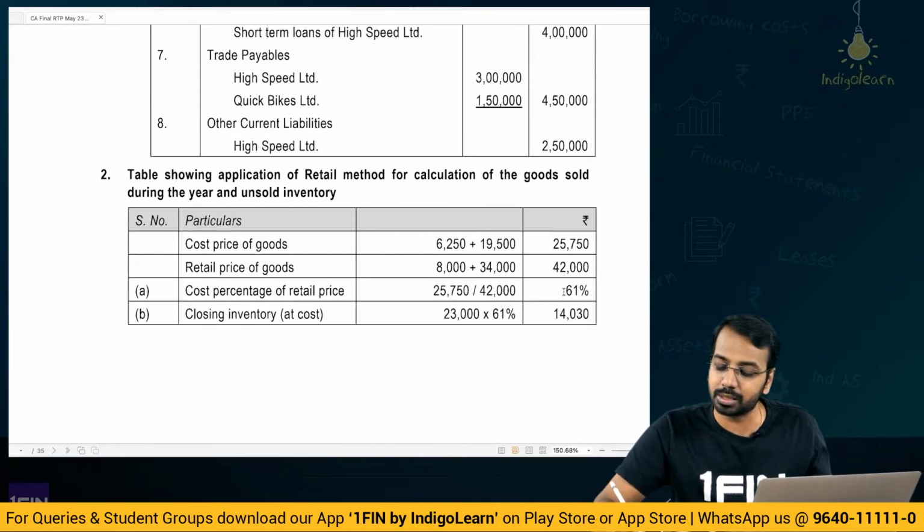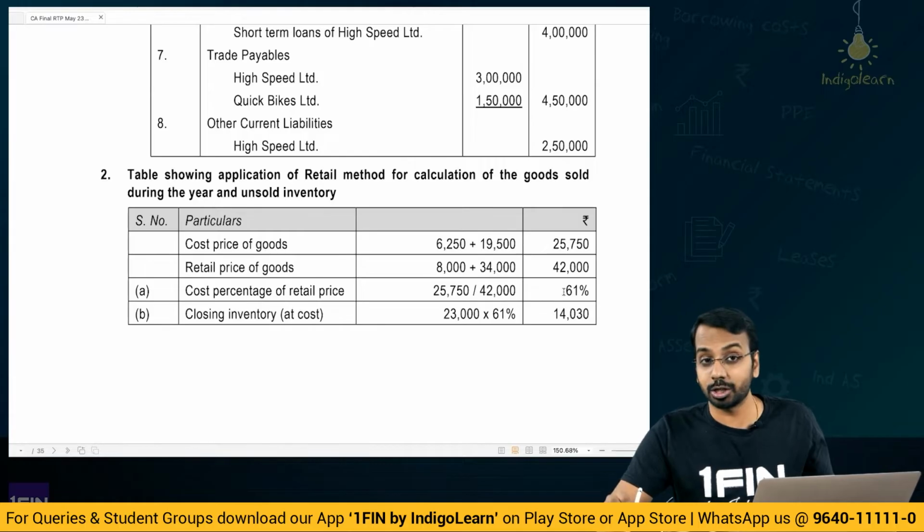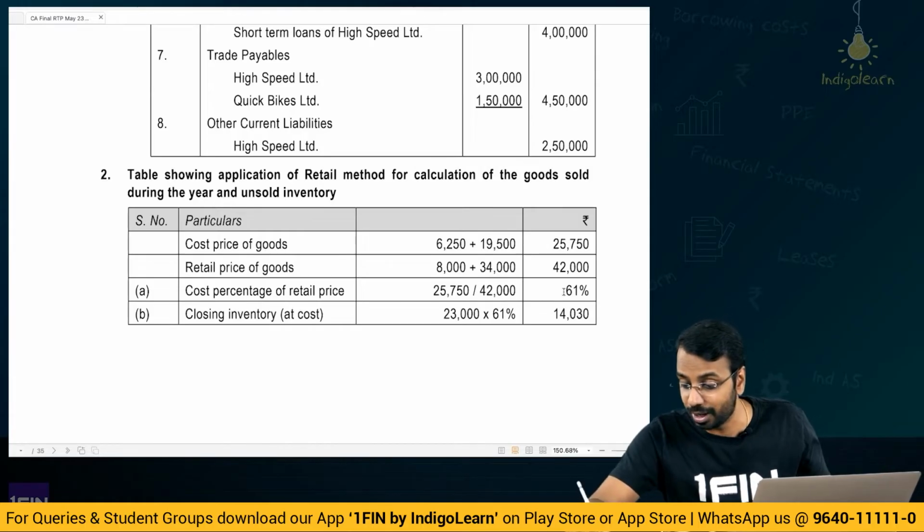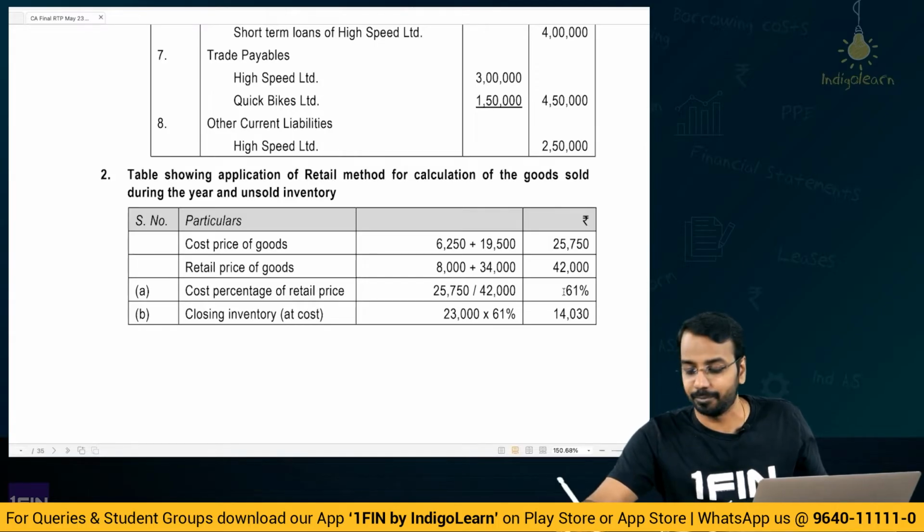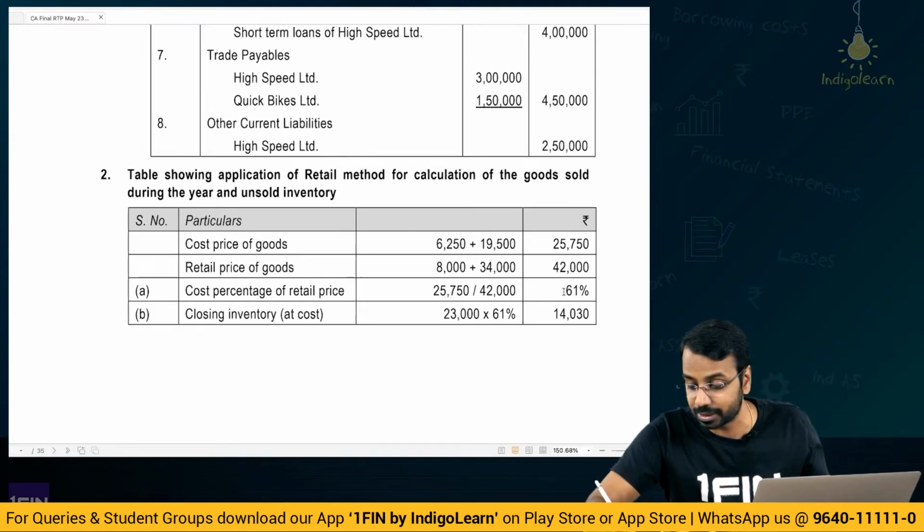Then what is the cost of closing inventory? So for cost of closing inventory, you have the retail price of 23,000, right? If 23,000 is the retail price of the inventory, cost is how much? 61%.